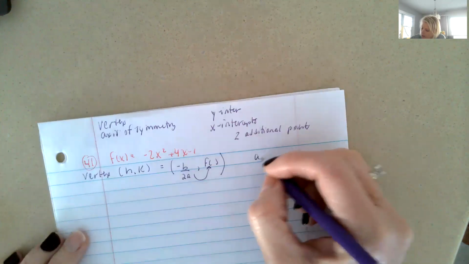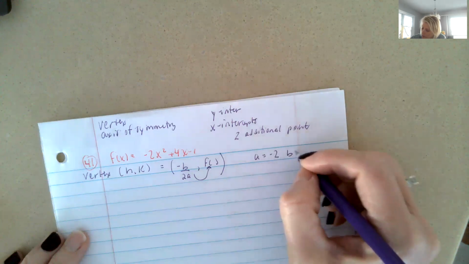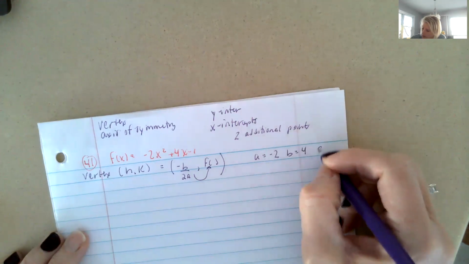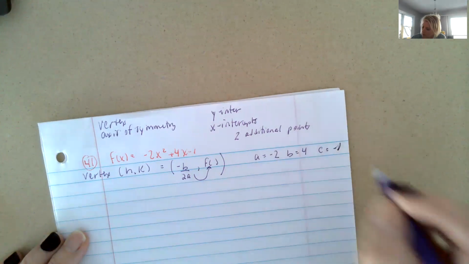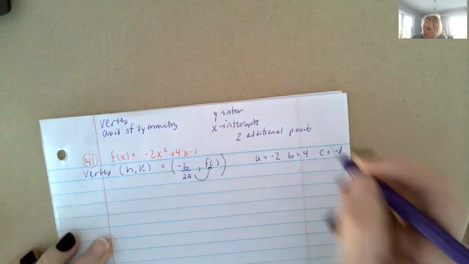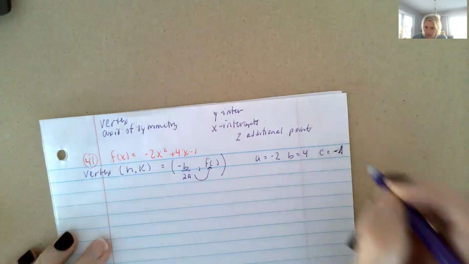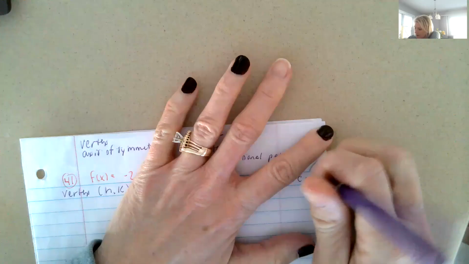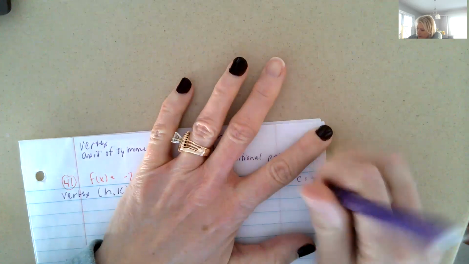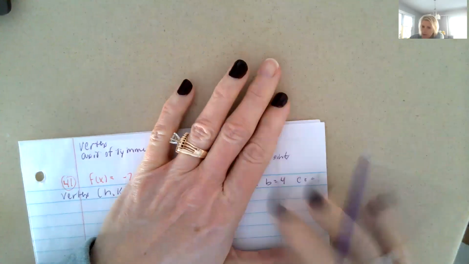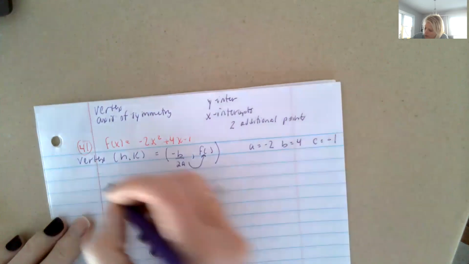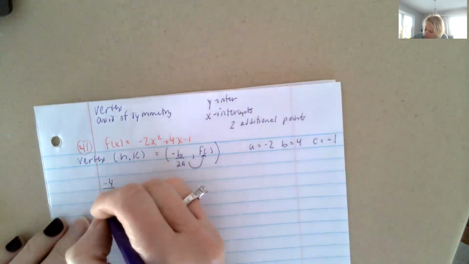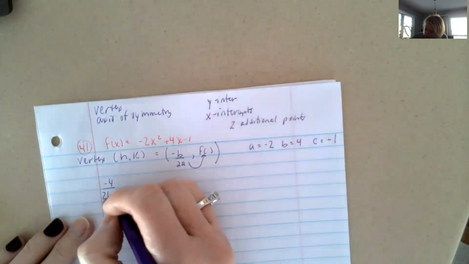So we have a equals negative 2, b equals 4, and c equals negative 1. Okay, so negative b is going to be negative 4, over 2a, which is negative 4.